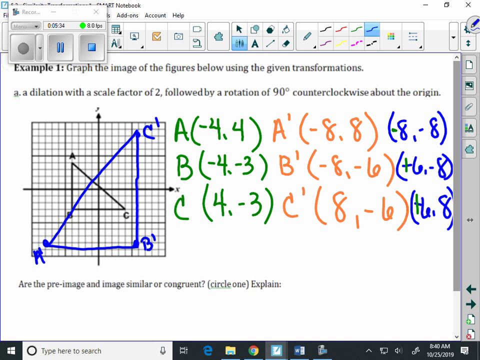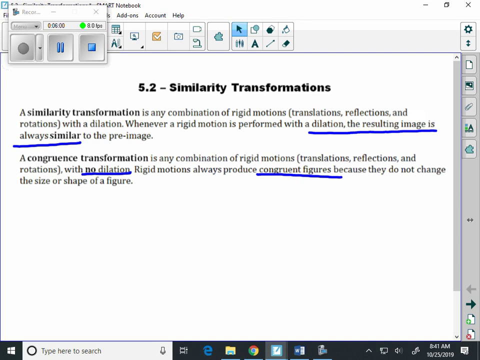But maybe what's more important on these is the question after the fact. The question after the fact says, are the pre-image, which is the black triangle in there, and our image, the blue triangle, similar or congruent? And again, that goes back up to what's at the top of your paper here that we underline. If we have a dilation, the resulting image is always similar.